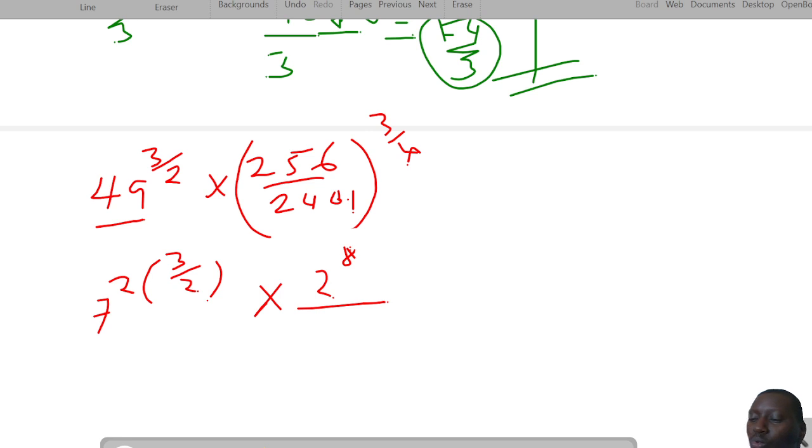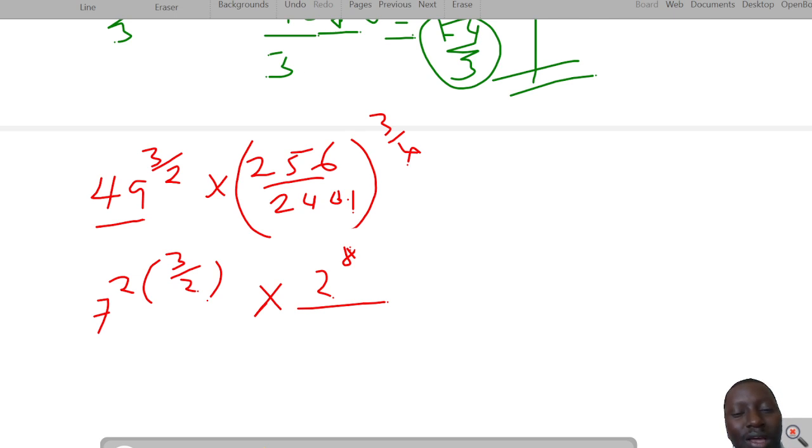Equally, we can test for 3. What is the divisibility test for 3? We look at the sum of the digits. 2 plus 4 is 6. 6 plus 0 is 6. 6 plus 1 is 7. 7 is not a multiple of 3. So 3 cannot be a factor.